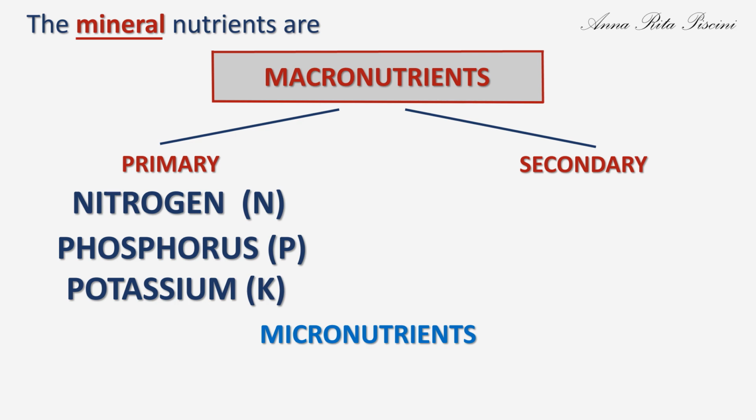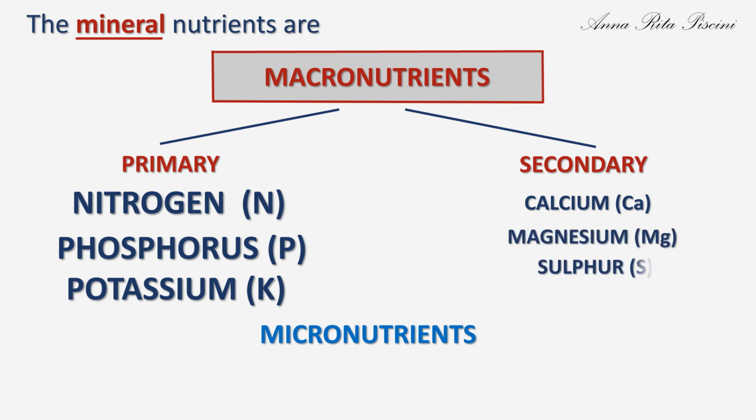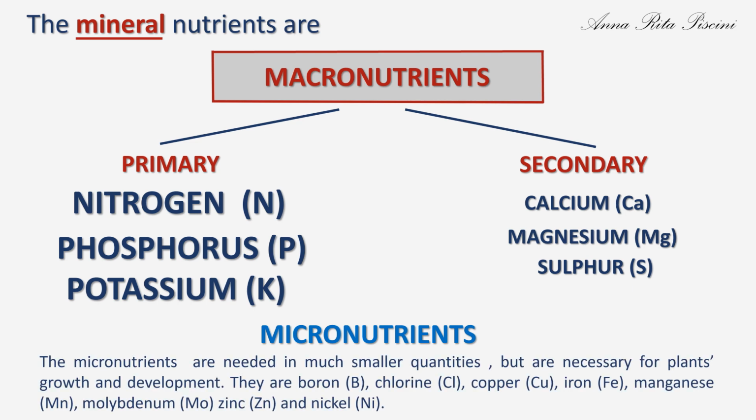Secondary macronutrients include calcium, magnesium, and sulfur. Micronutrients are needed in much smaller quantities but are necessary for plant growth and development. They are boron, chlorine, copper, iron, manganese, molybdenum, zinc, and nickel.